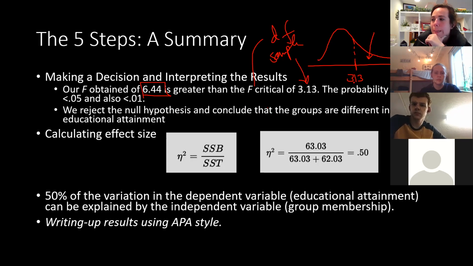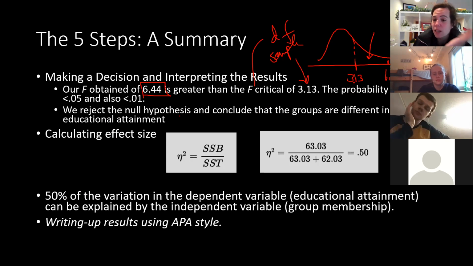What do we think? You can reject it because that's way over here. So we can reject the null hypothesis and conclude that the groups are different in their educational attainment.